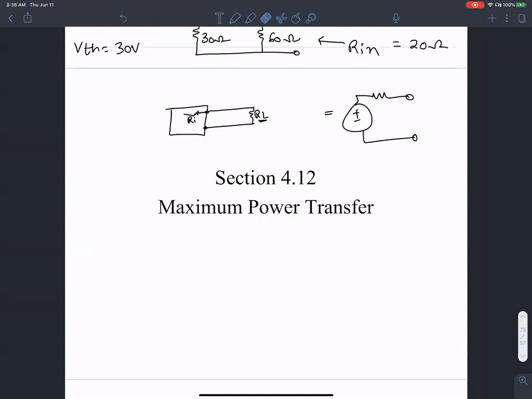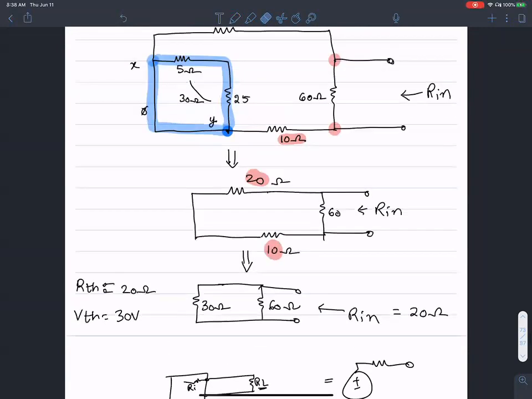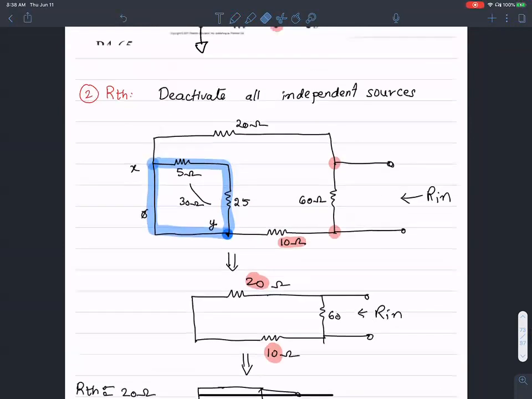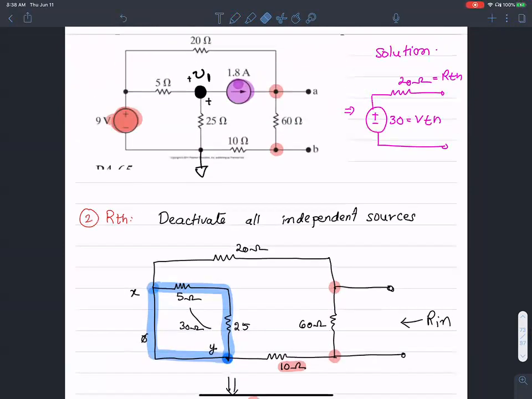So you're right. It's used to simplify large portions of the circuit into a simple representation that behaves exactly the same at these terminals A and B. Thank you.